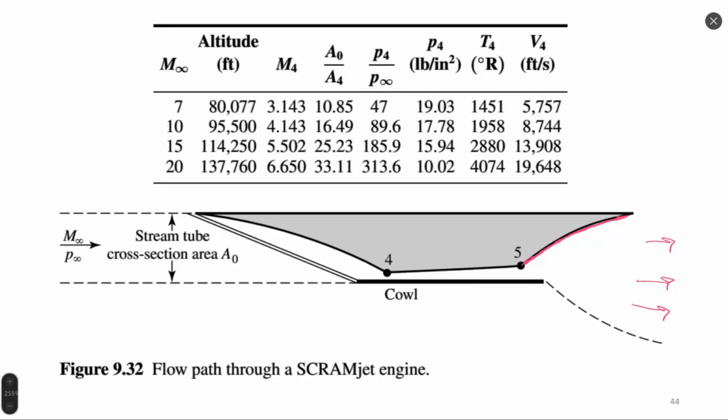Here on the table, we see, unfortunately in imperial units, typical values of operation. We can see the Mach number corresponding to such a project, calculated for different values of flight Mach numbers from 7 to 20 and corresponding altitudes.